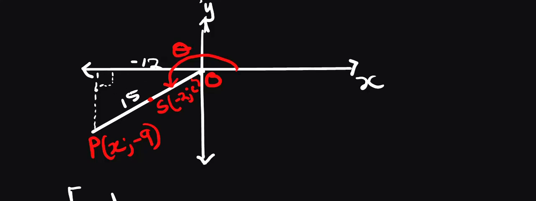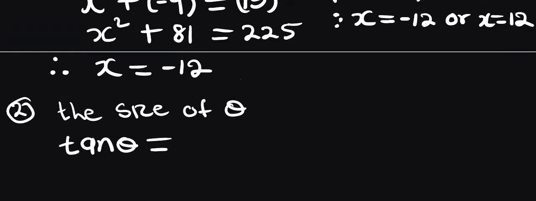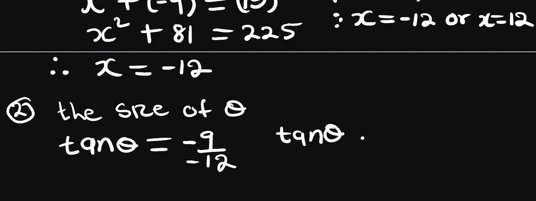Then we know that tan is opposite over adjacent, meaning tan is going to be negative 9 over negative 12. Means here we will have negative 9 over negative 12, which is equal to tan theta is equal to 9 over 12.